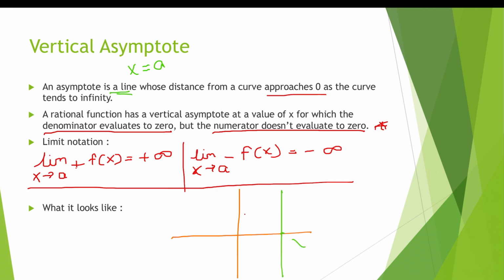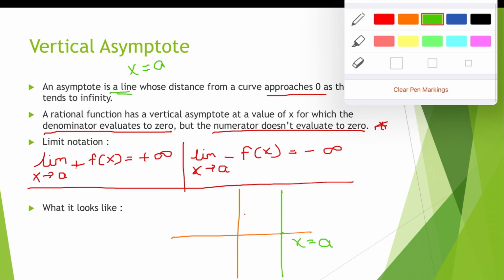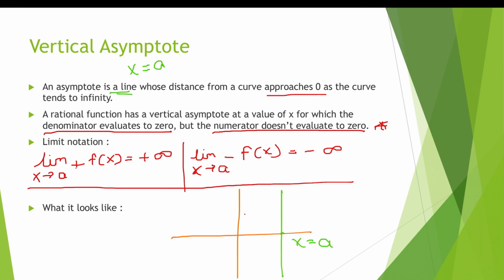This is the point a. Now it says that as the curve approaches, I'm going to draw the graph now. For instance, from the left-hand side, it goes like this, it's coming, then it goes down, down, down, okay? And then from the right-hand side, up, it comes here, and it comes close, close, close.